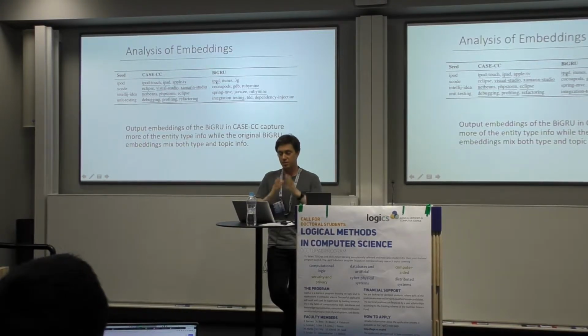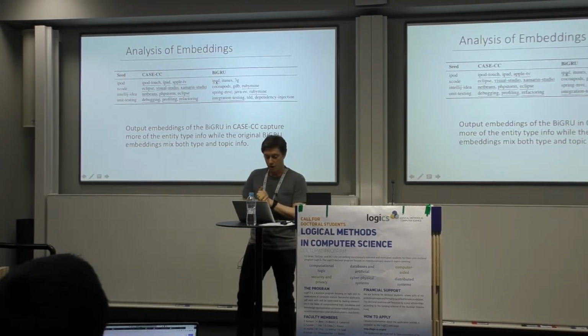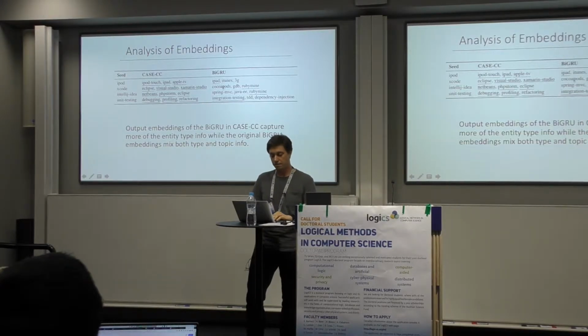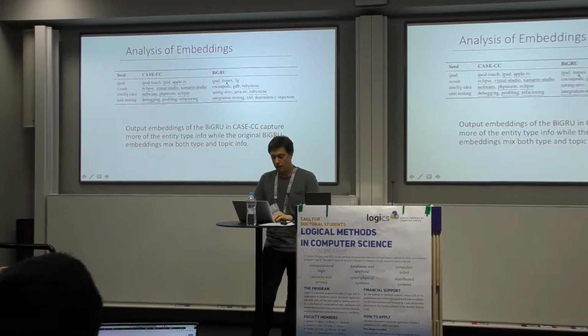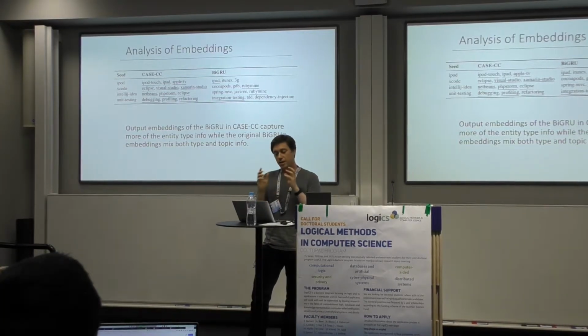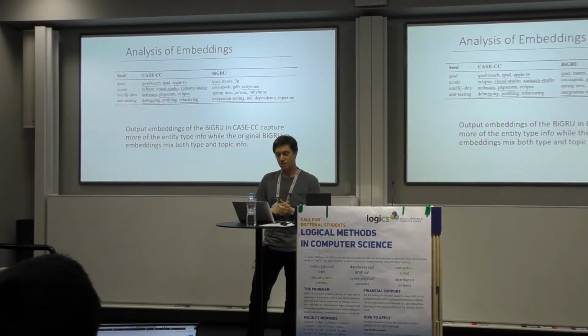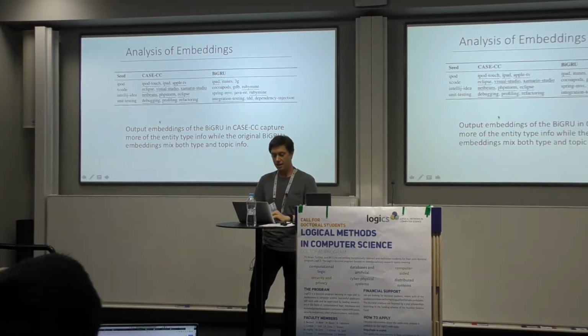But if we look in output space for the BiGRU, it gives things that are semantically similar: iPad, iTunes, 3G, but they're not of the same type. If we look at the third example here, IntelliJ IDEA, that's an IDE, and CASE gives 3 IDEs as the nearest neighbors. BiGRU gives 2 Java-related things, because IntelliJ is often used for Java, and then it gives an IDE, RubyMine.